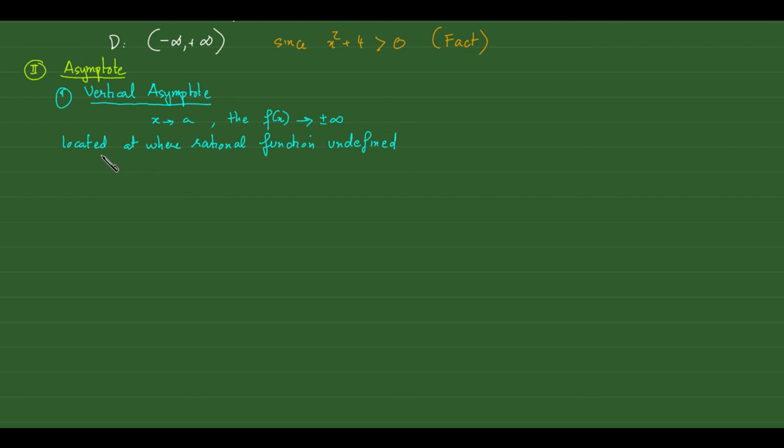Because it is located where the function is undefined, it can be found by just looking at the domain. Look at the value where the function is undefined, the value that does not belong to the domain. That's all, right? For example, find the vertical asymptote.